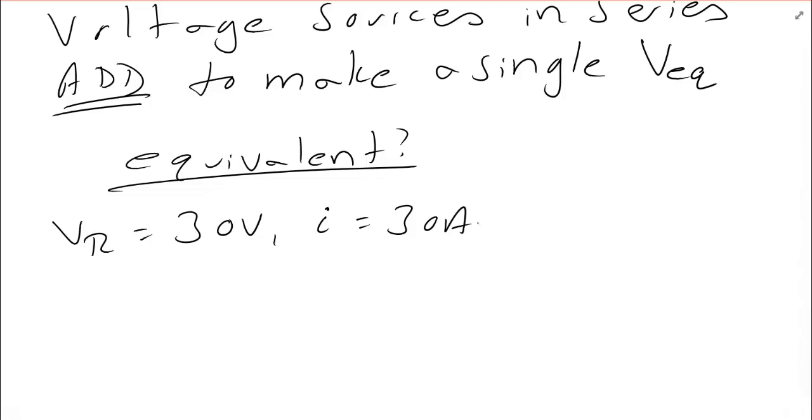That is what I mean when I say equivalent. Some of the circuit variables do not change. They're equivalent with respect to VR and with respect to I. They are not equivalent, however, as circuits.